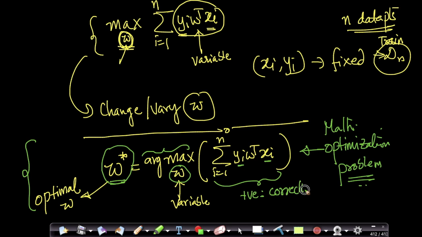If you have incorrectly classified, if you have misclassified, this value is negative. And you're taking a sum of them. When you're taking a sum of them, you want as many positive values and as few negative values as possible. And this is the problem that we're trying to solve in logistic regression. Of course, there are some problems with it. We'll keep improvising this problem step by step.